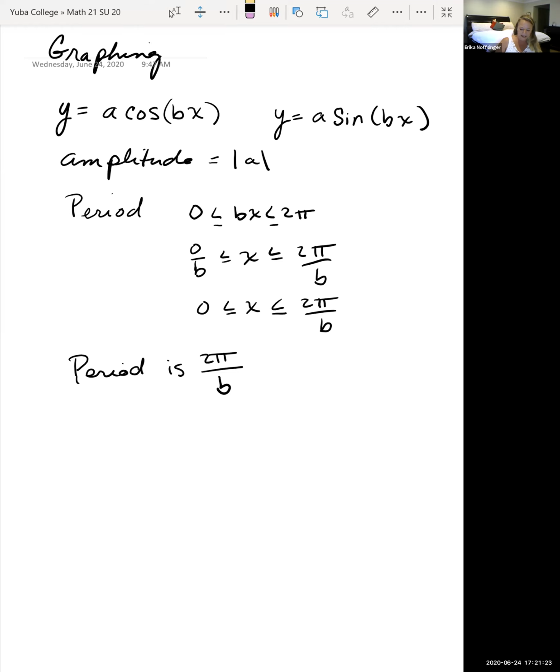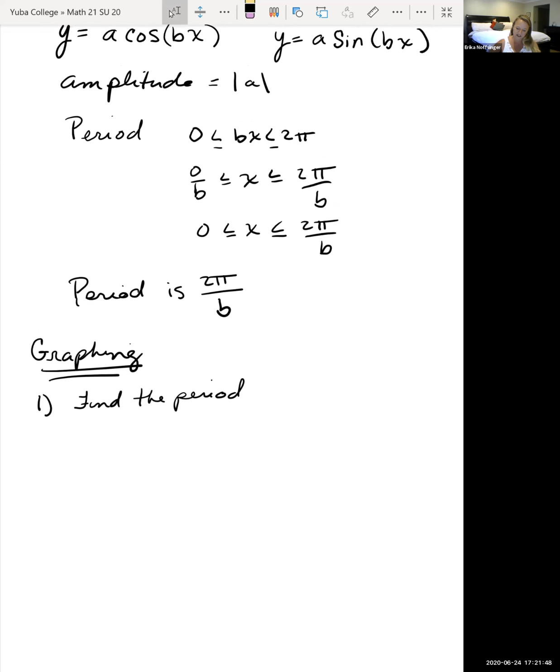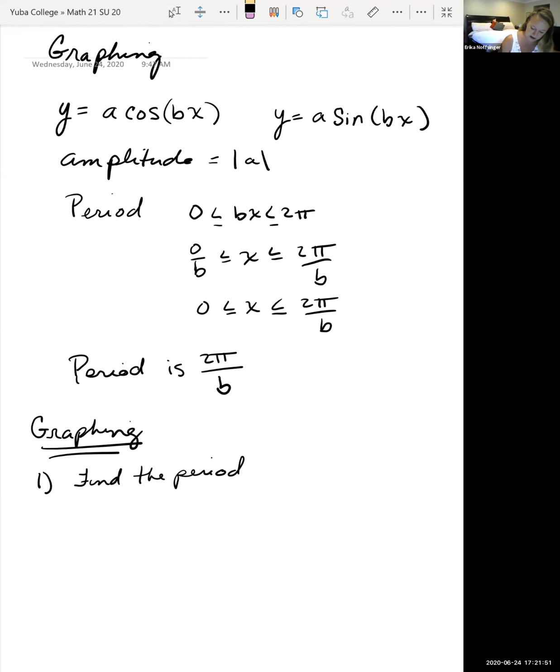So when you're graphing these, the best thing to do is first find our period. Depending on if we're a sine function or cosine function depends on where we're starting. We saw yesterday that our cosine function started when x was 0 at 1, then came back down, hit the x-axis at pi halves, and then at pi it hit negative 1, and came back up.